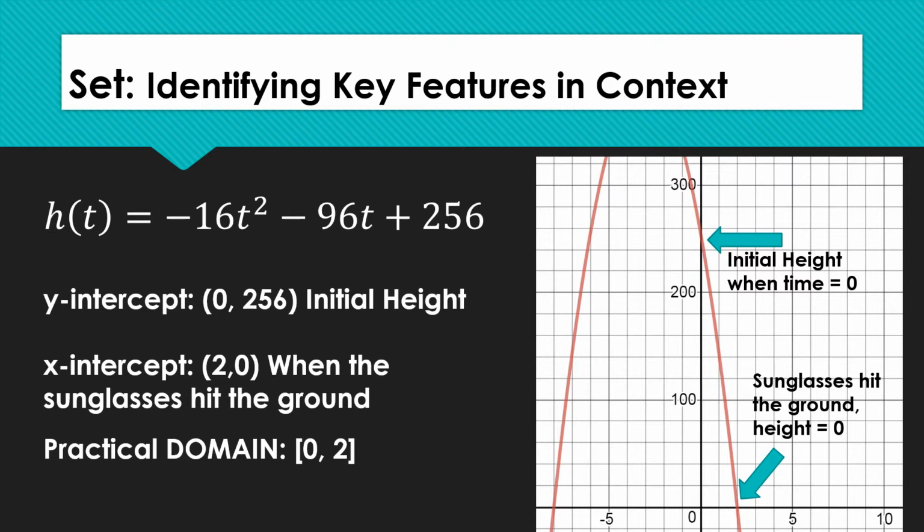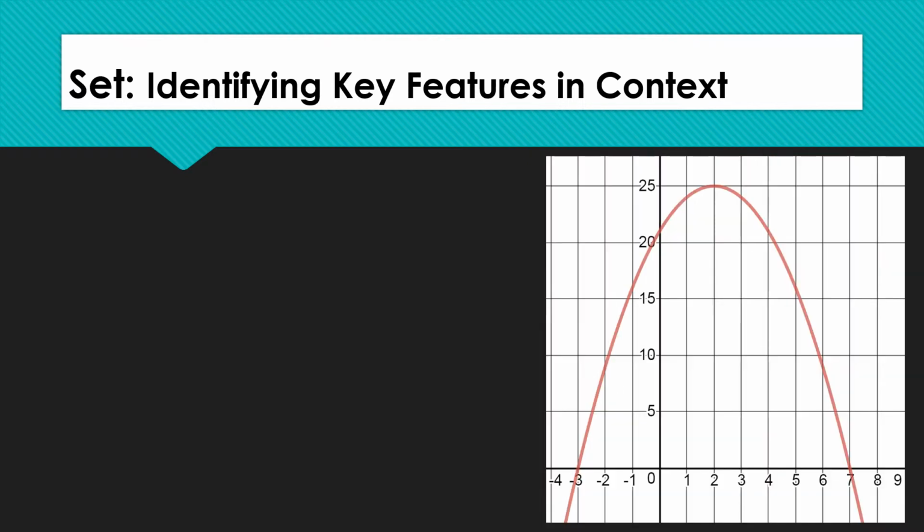And when we're looking at the domain in context, we're not looking at the entire domain of the quadratic. We're only looking at the practical domain. What's the domain that makes sense in the context of the story? So here, the domain is 0 to 2, including both 0 and 2, which is represented by the brackets.